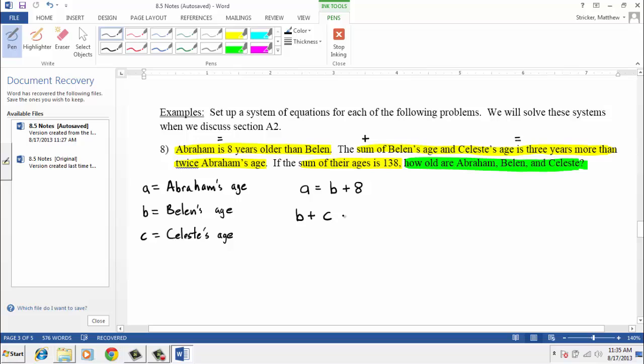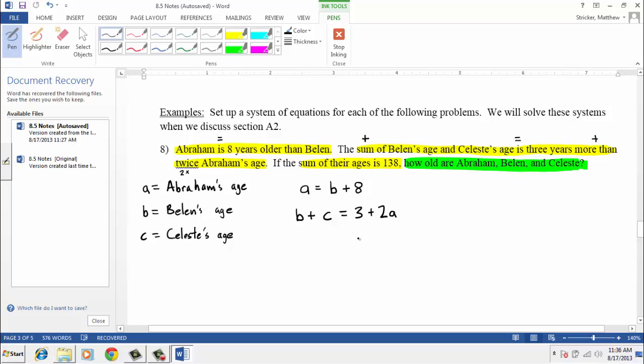So B plus C equals 3 years more than means plus, twice means 2 times. So this is going to be 3 plus twice Abraham's age, twice A. There's a second equation.